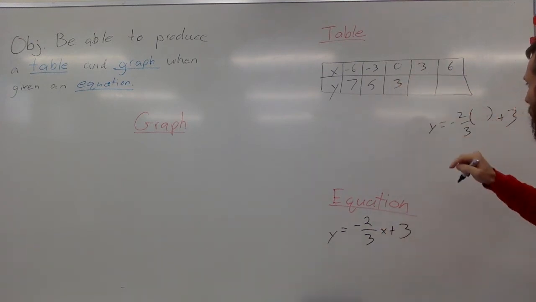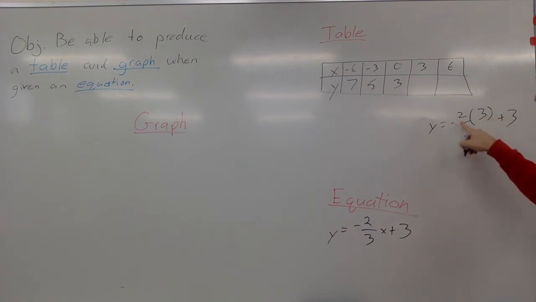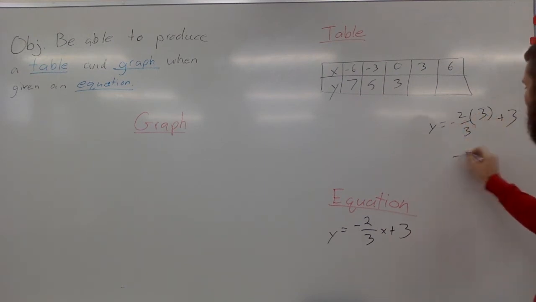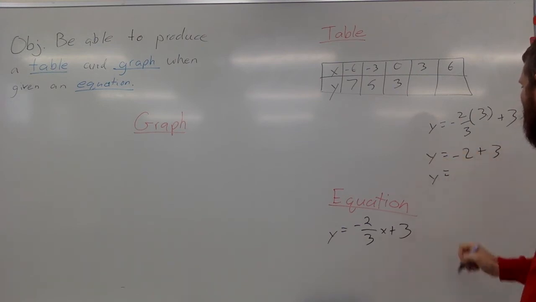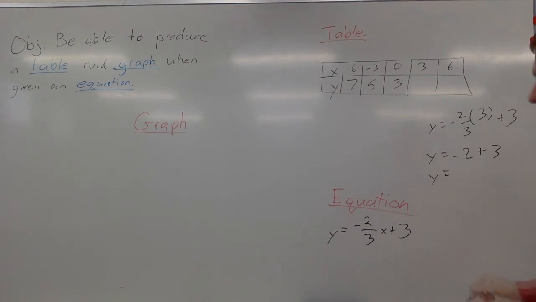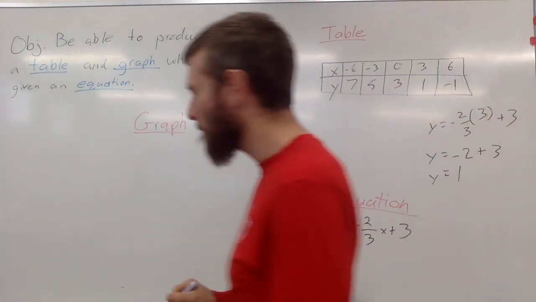If x is 3, 3 times negative 2 is negative 6, negative 6 divided by 3 is negative 2, plus that 3 over there. If x is 3, y is 1. And you can solve the last one, but I have a good feeling that what I'm going to get is negative 1. Now I have my table.